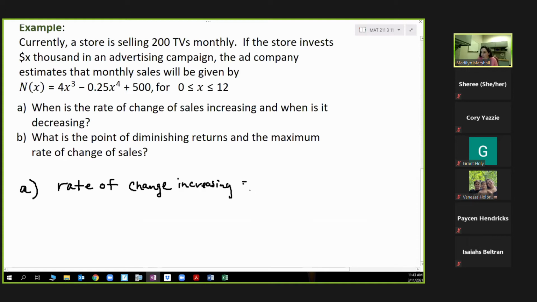So if the rate of change is increasing, we have a way that we normally say that in math in this section in chapter 4, and the rate of change decreasing, we have another way of saying that.